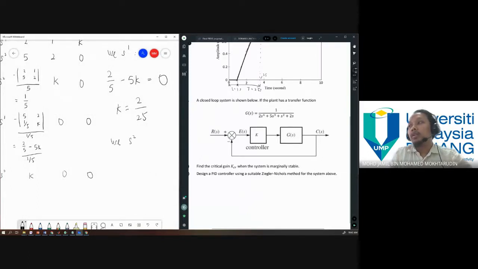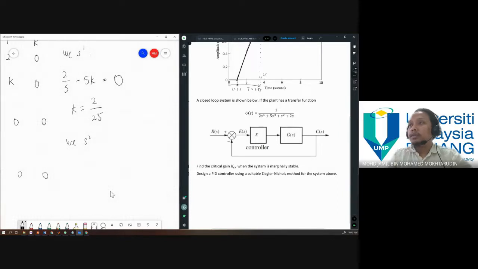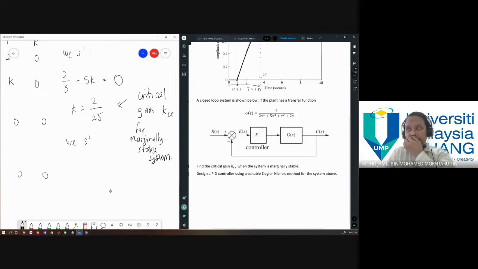Okay, in this question, obviously question B. So before we find for row s^2, this is the critical gain for the marginally stable system. Okay, so this is the answer for question A.